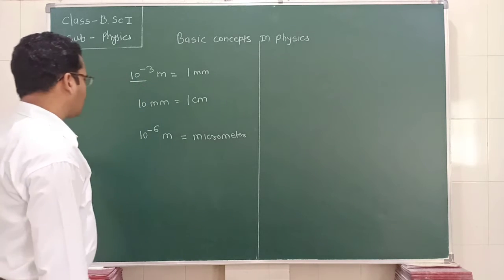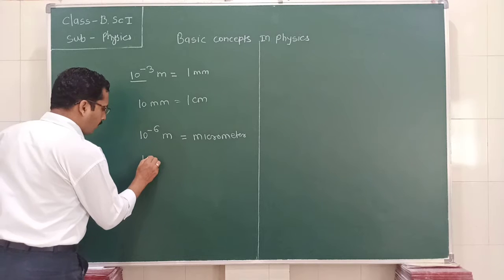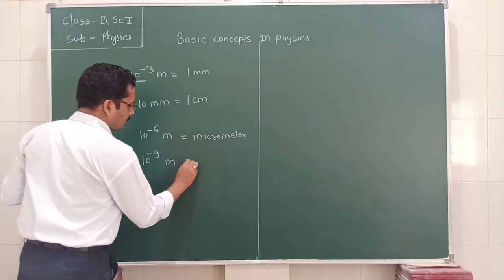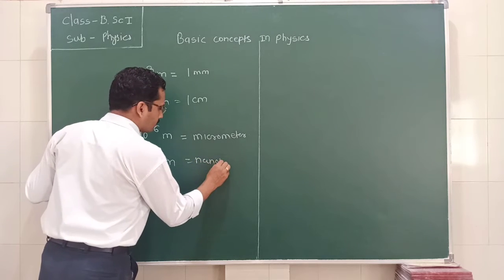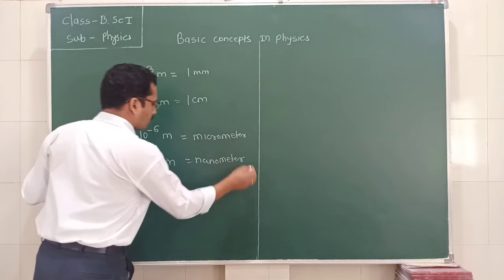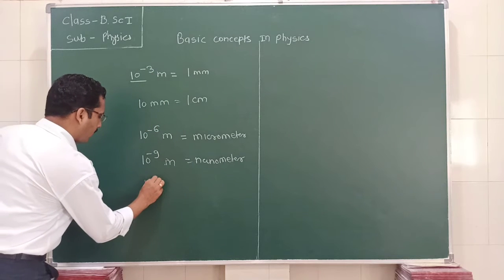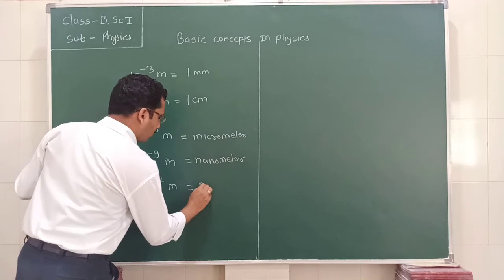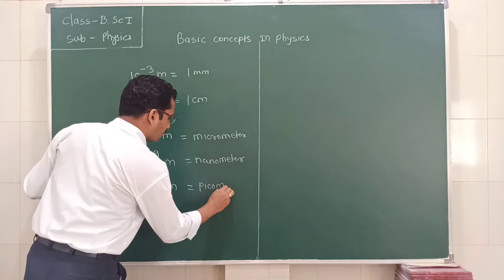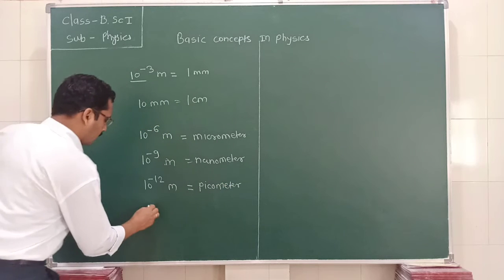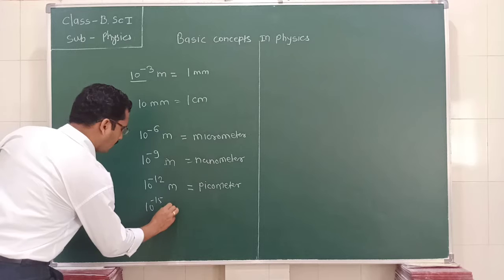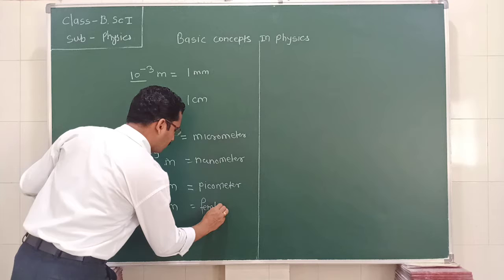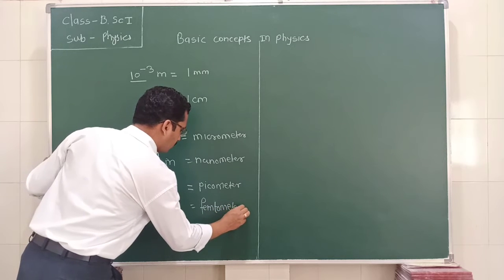In this way, there are some prefixes used. 10 to the power minus 9 meter is called a nanometer. 10 to the power minus 12 meter is called a picometer. 10 raised to the power minus 15 meter is called a femtometer.